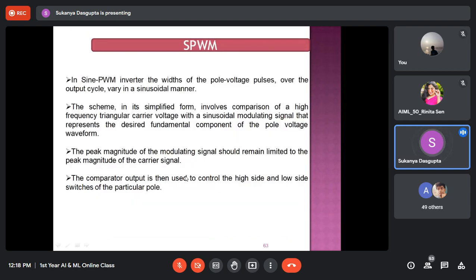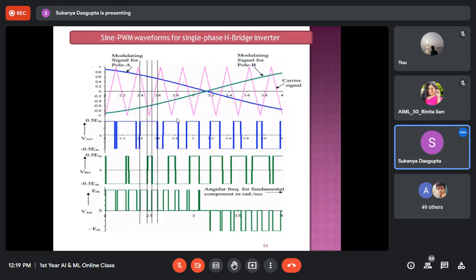The major advantage of this PWM technique is to eliminate the harmonic components, because this type of PWM based sinusoidal signal contains fewer harmonics. Only the lower order, lower frequency harmonics are present.